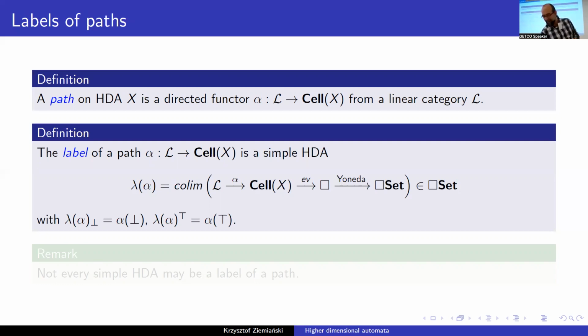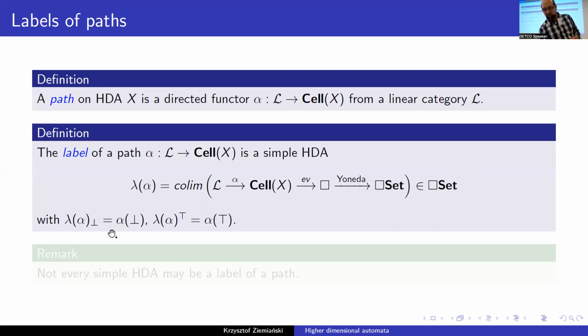So you pass again to presheaves. And you know that in the presheaf category, you can take all the colimits you want, and the result is well defined and unique. So it's a label. Again, the label of a path is some other precubical set.